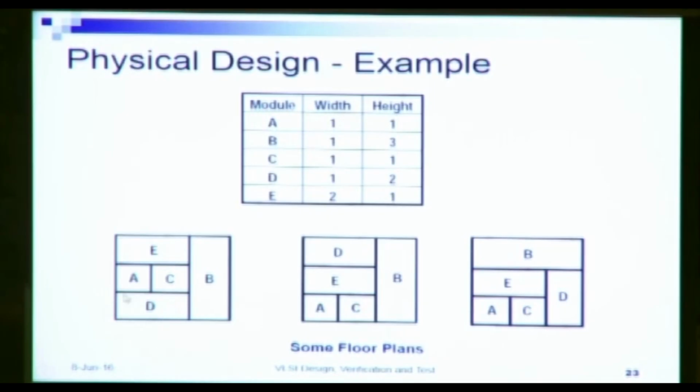D has a height of 2 and a width of 1, and B has a height of 3 and a width of 1. So we have very easily been able to obtain three different floor plans here, primarily because the interconnections are not so stringent.